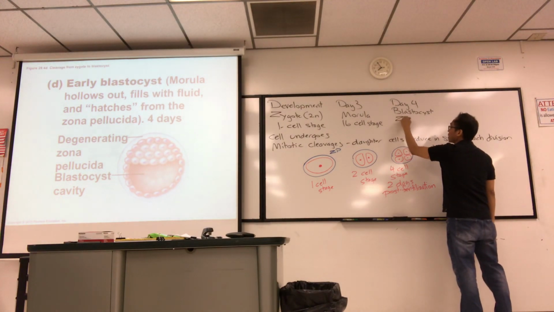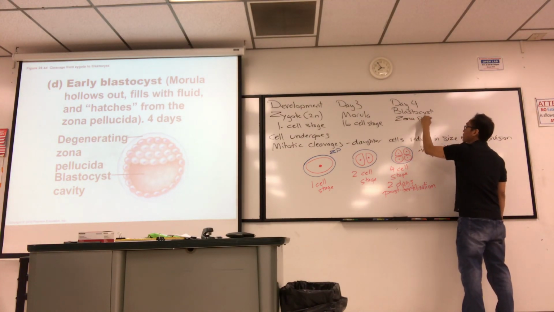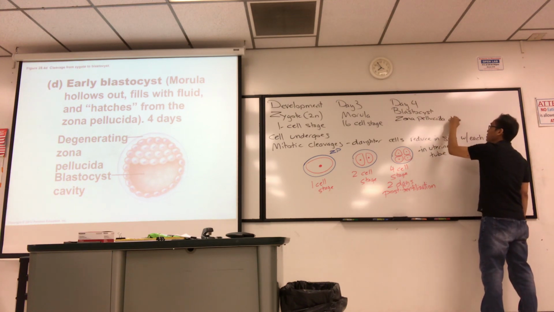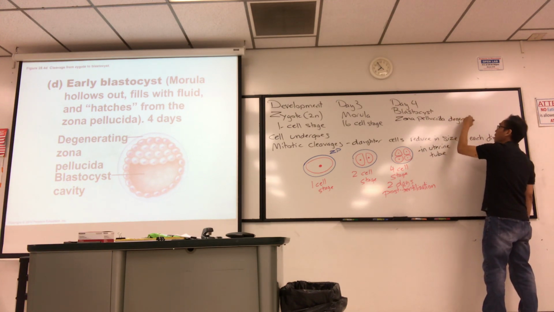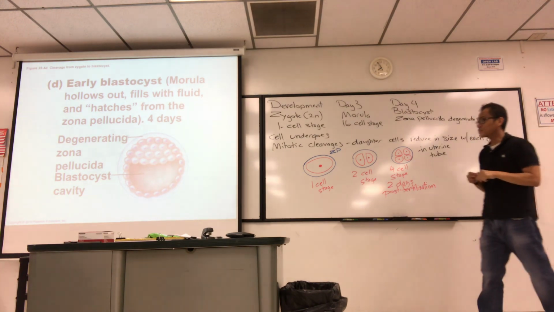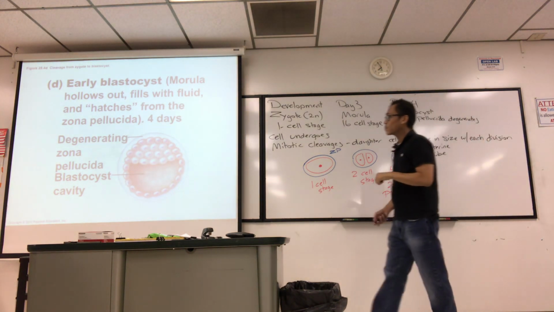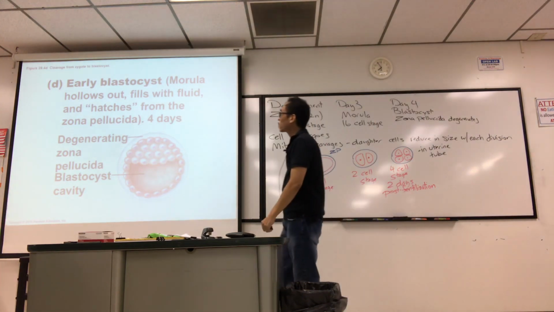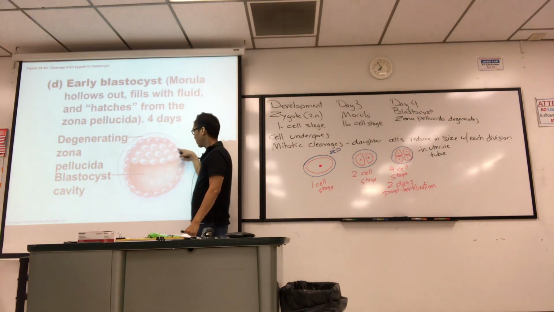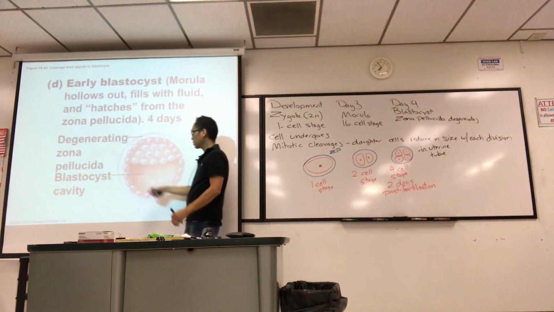I'll say zona pellucida degenerates. You get this inner mass of cells surrounded by trophoblast cells.